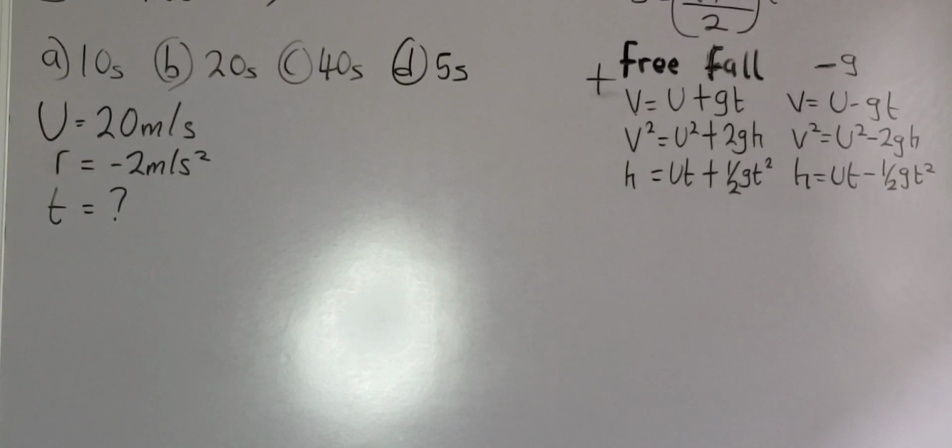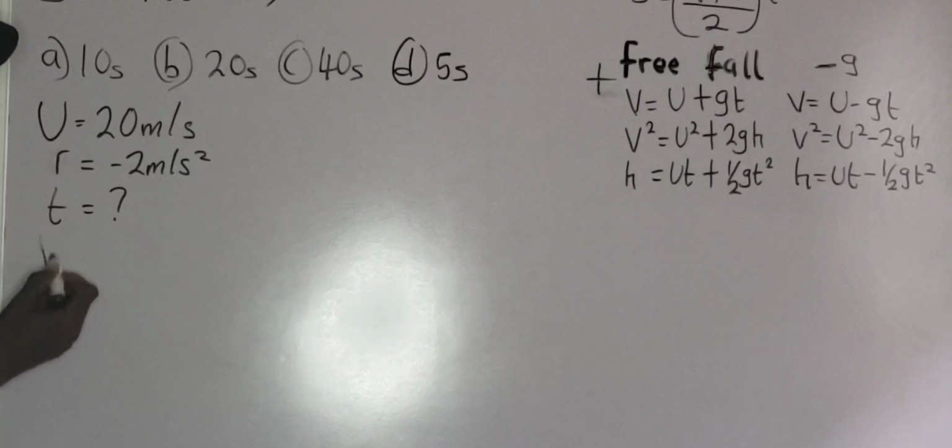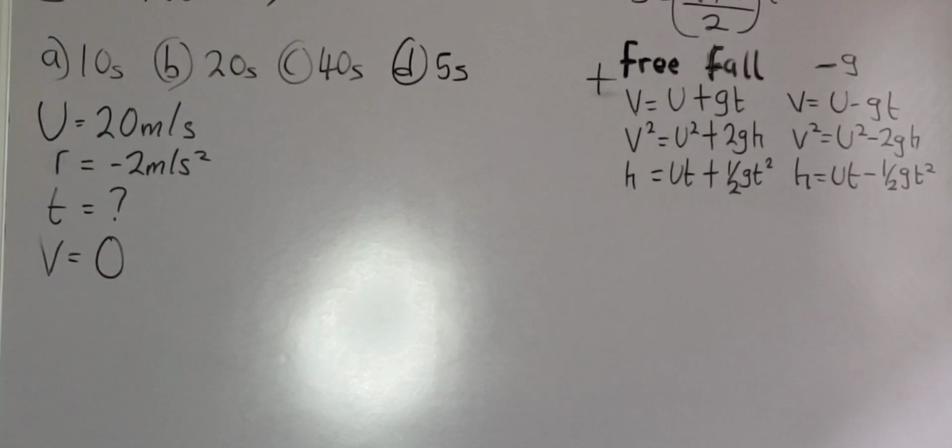If an object is in motion and comes to rest after undergoing motion, what will be the final velocity? The final velocity will be 0. You understand? If an object is in motion before and the object comes to rest, the final velocity will be 0. You understand?